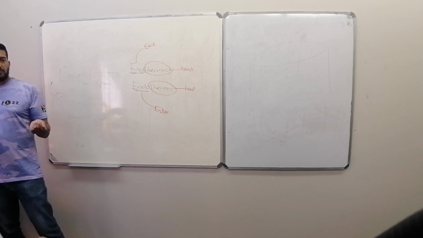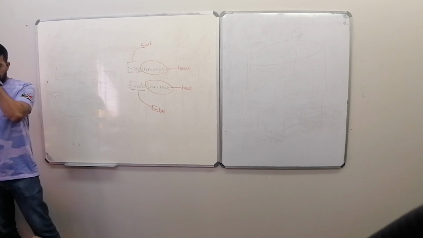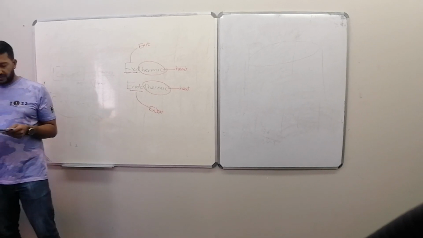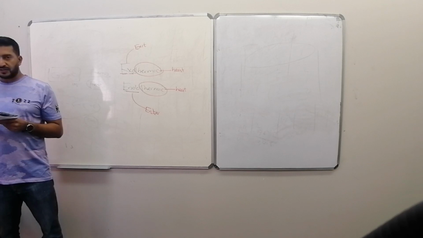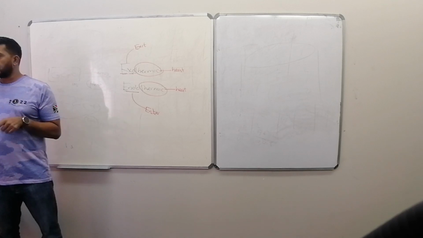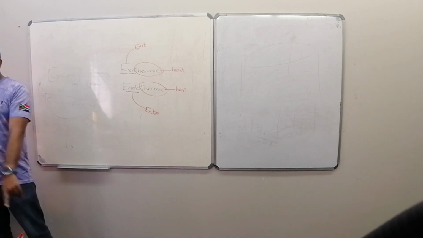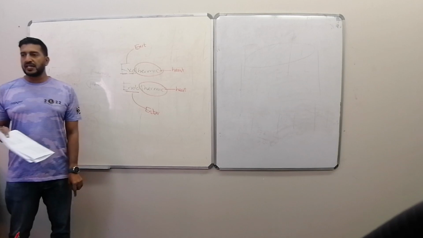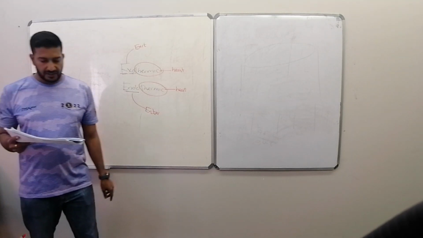In its normal form, what is it? Solid, liquid, gas? It's solid, right? So salt is a solid. But in its natural form, sodium occurs as what? What does the S stand for? Solid. So sodium occurs naturally as a solid.